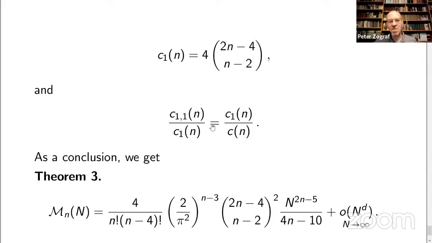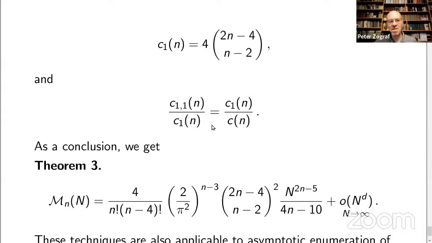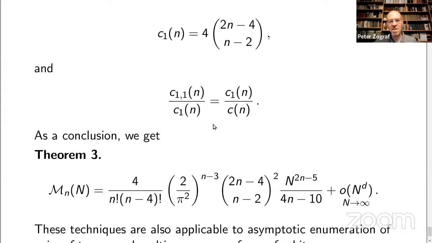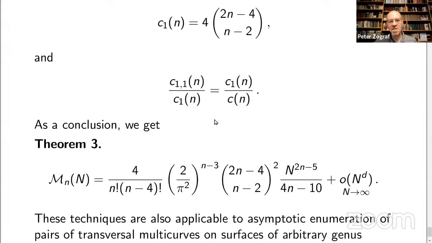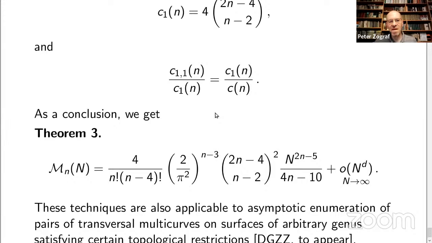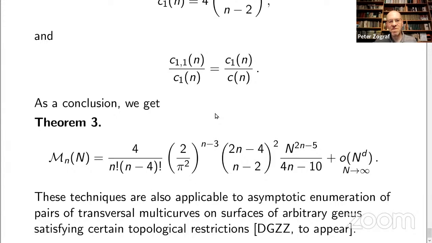As a conclusion of this formula, we get the following statement. We just express C11 as C1 squared over C of n and substitute the formulas for them, and we get the following expression for the number of meanders with a fixed number of minimal arcs.